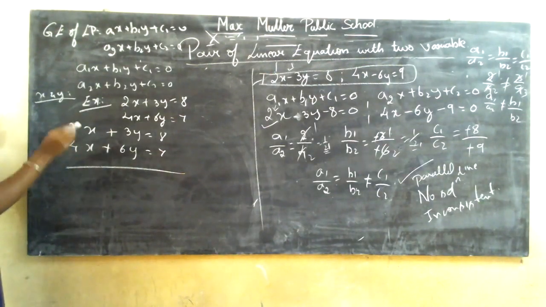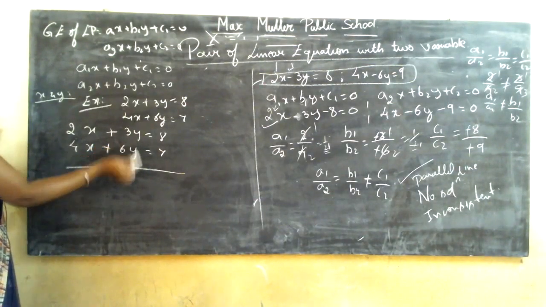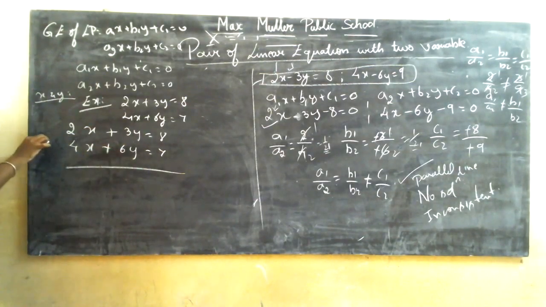It is your choice whether you want to eliminate the x terms or the y terms. Using this same sum, I will show both methods. Whichever method you are convenient with, you can do. Now, let me cancel the x terms.